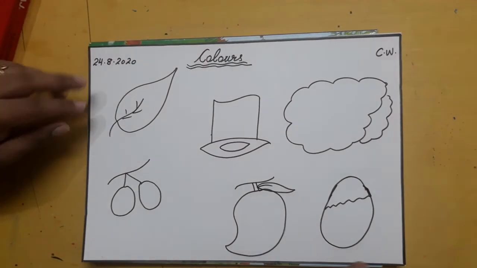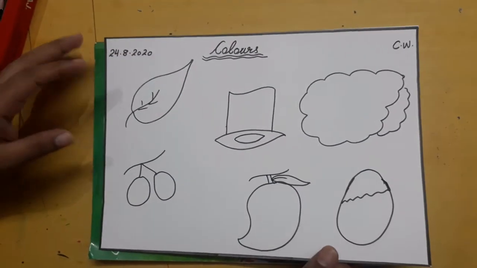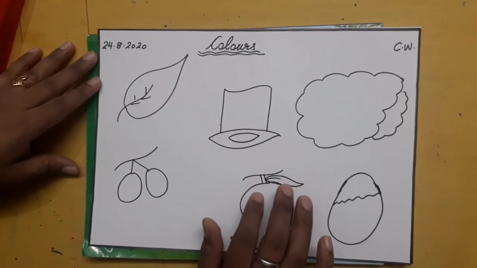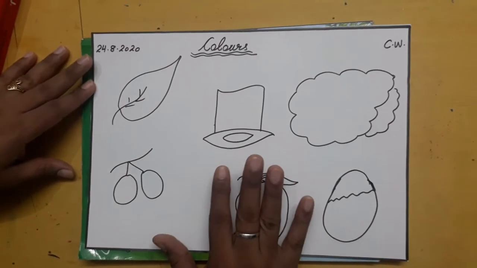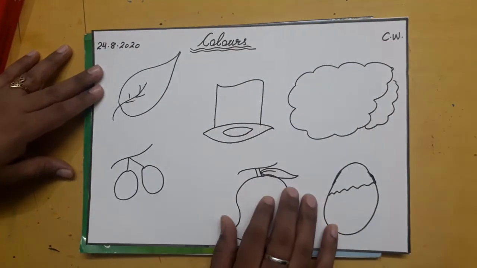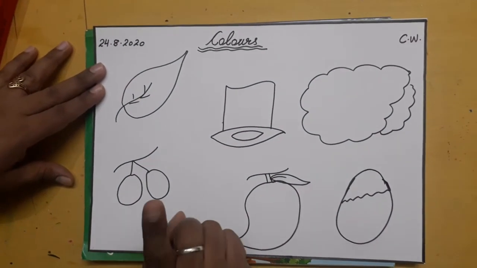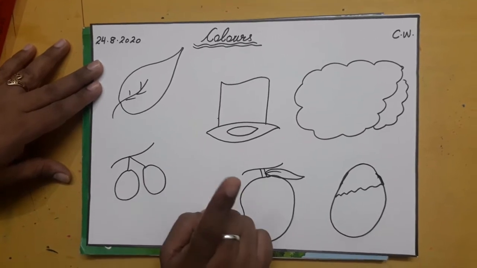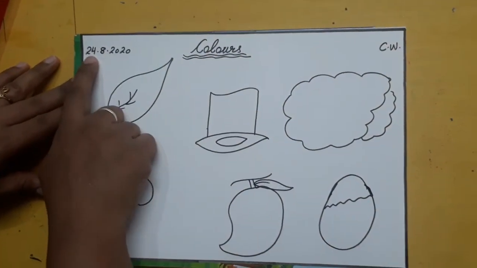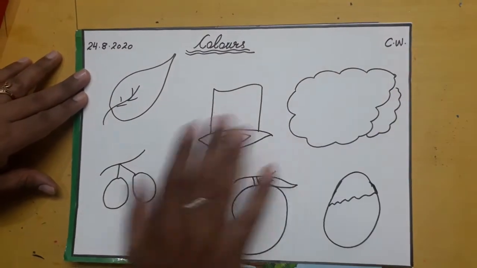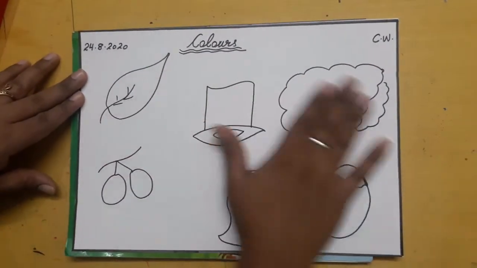I have taken a sheet of paper to draw them. Use your drawing file. You all have a blue color drawing file. So use that file to draw these pictures. You can draw any other picture also, but one picture of each color should be there. Clear? First, write today's date, write down the topic and classwork, and after that, let's start coloring these.